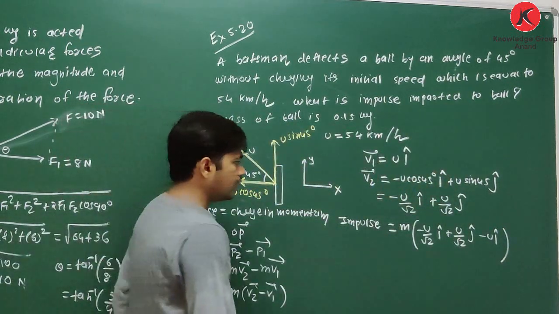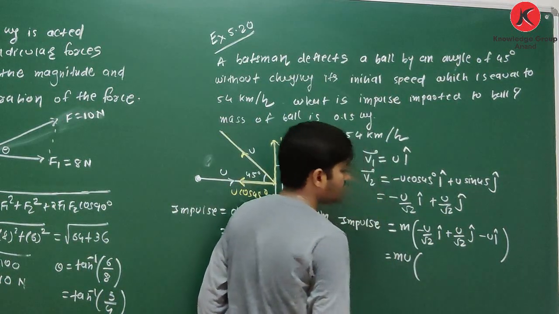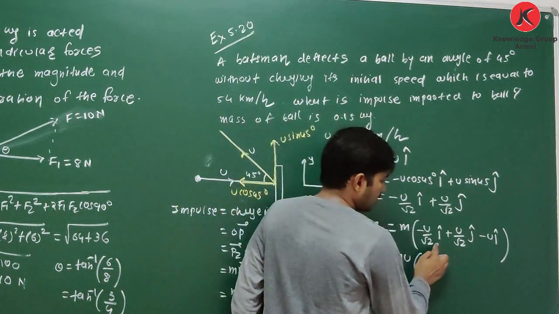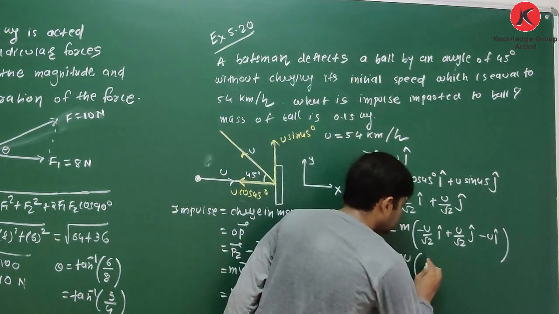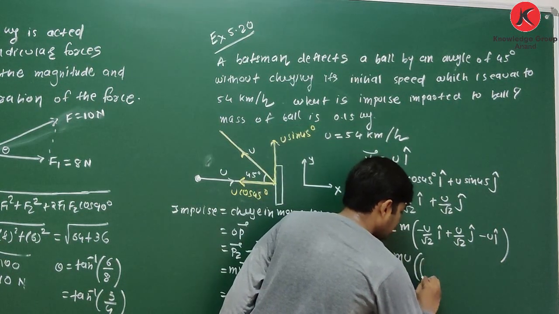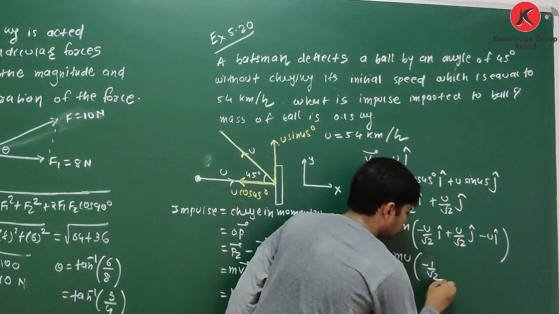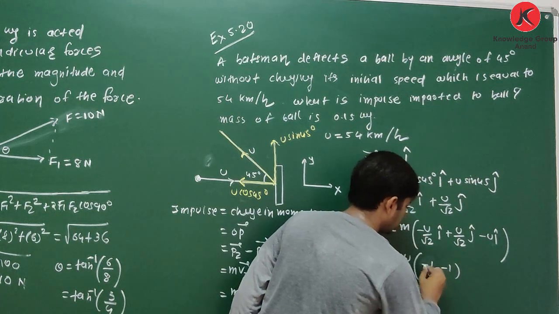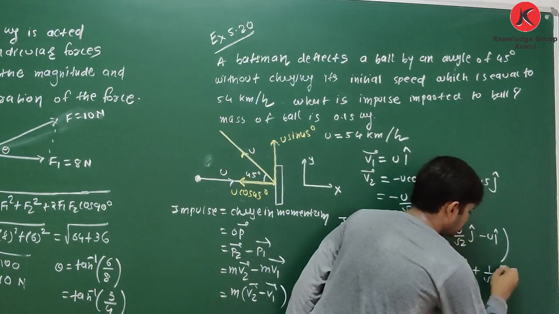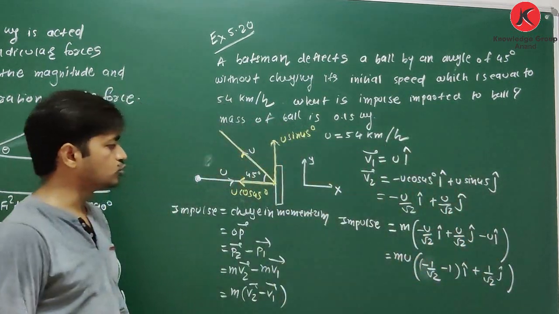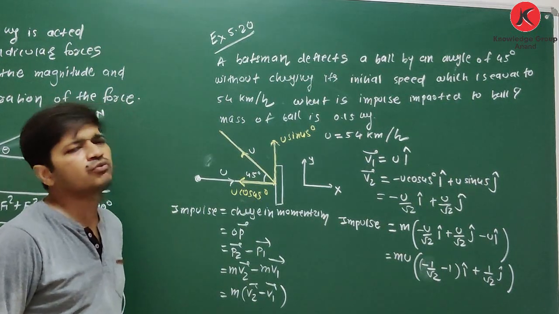Taking u common, there are two terms having i cap. So it is (minus 1 upon root 2 minus 1) i cap plus 1 upon root 2 j cap. Now you have to find its magnitude.